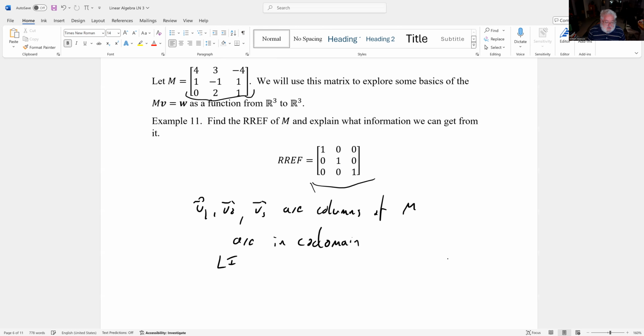They're linearly independent. The codomain is, in this case, R3, because we're dealing with three-dimensional vectors. They're linearly independent. There's three of them. So the column vectors here span the codomain.